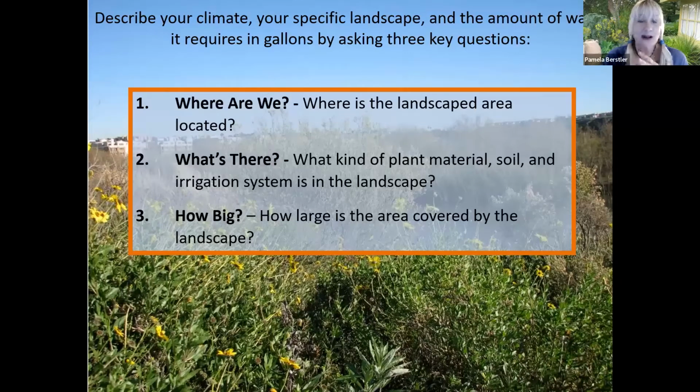Now we're also going to ask ourselves, how big is this landscape? So how many square feet is it? And just anecdotally, I want to tell you that when you get facile with this type of calculation in your head, you have an idea of what ETO is in a particular area, a round number, and then in the places where you work.